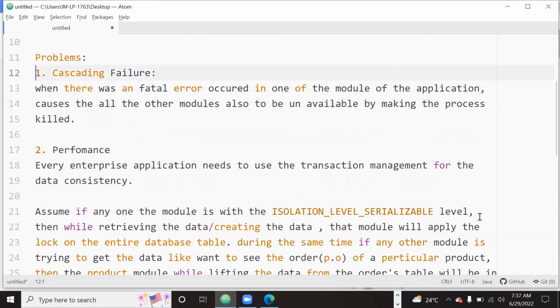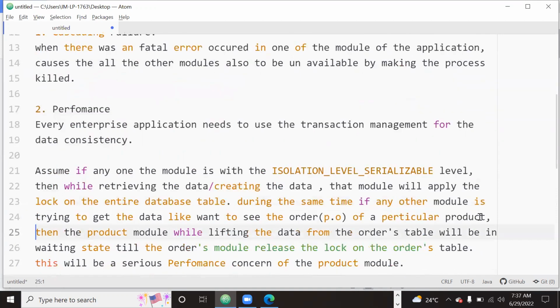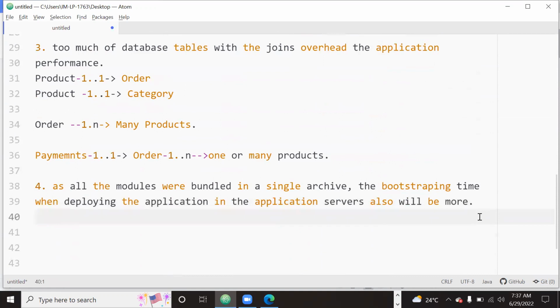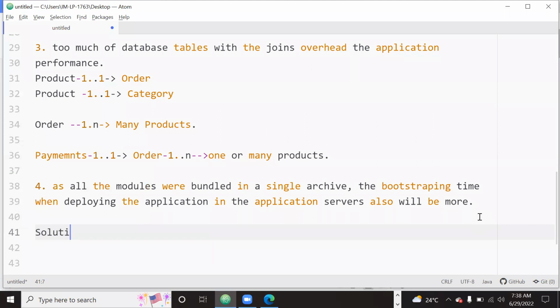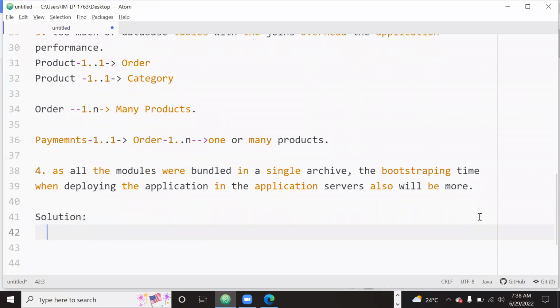The main problem is the cascading problem. So these are all the problems in monolithic application architecture. Then what is the solution for these problems?